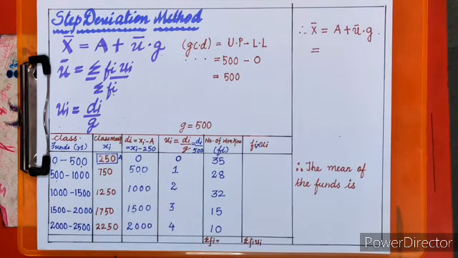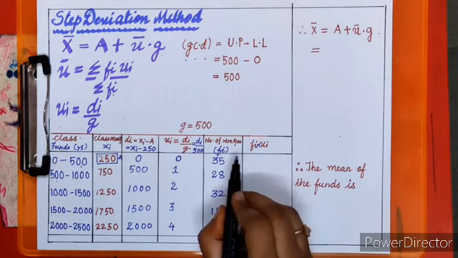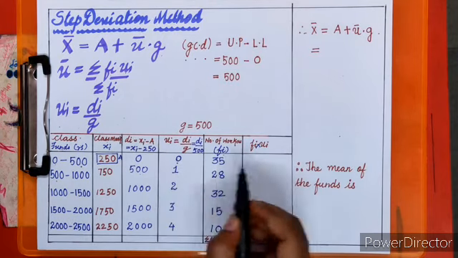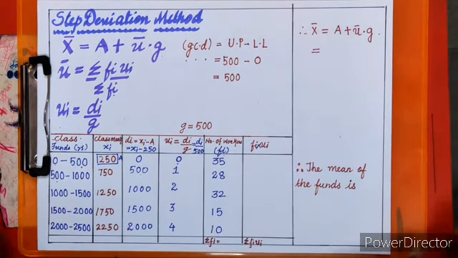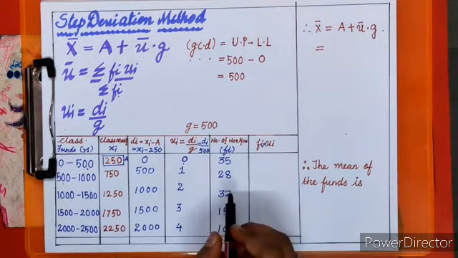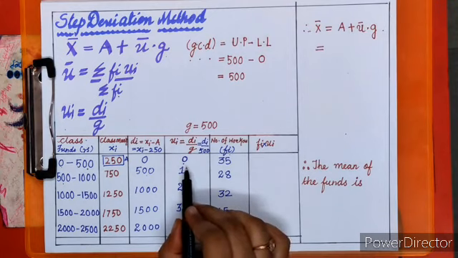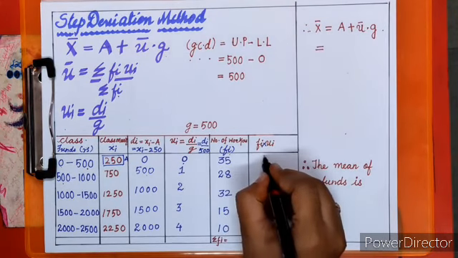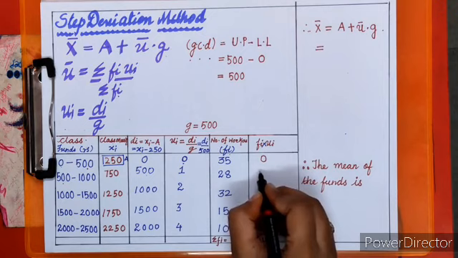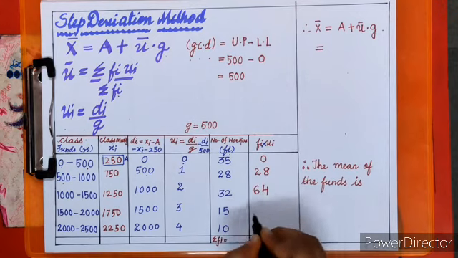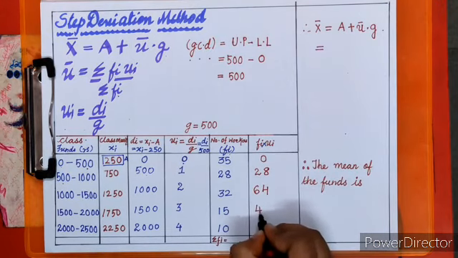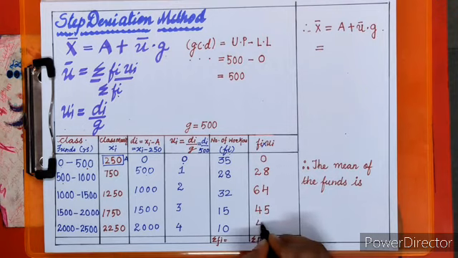Coming to the last column, which is the product of frequency and U. So we'll multiply it. Now we'll start the multiplication. 0 multiplied by 35 is 0. 1 multiplied by 28 is 28. 2 multiplied by 32 is 64. 15 threes are 45 and 4 tens are 40.